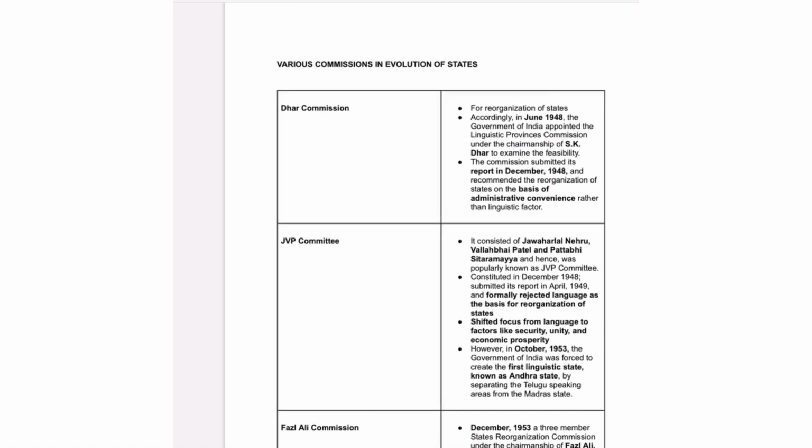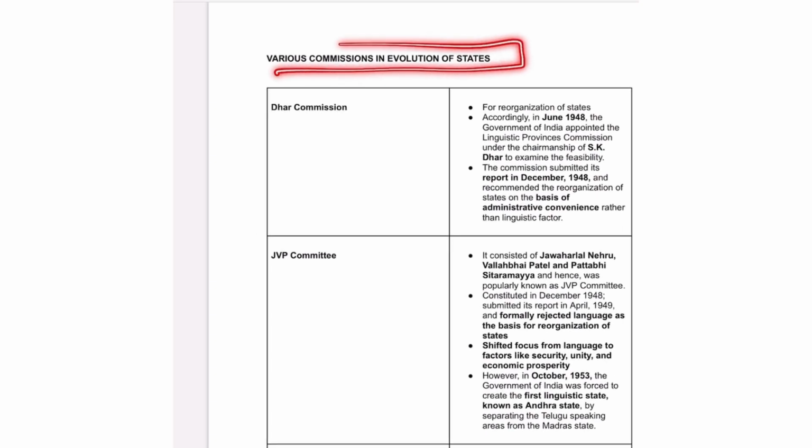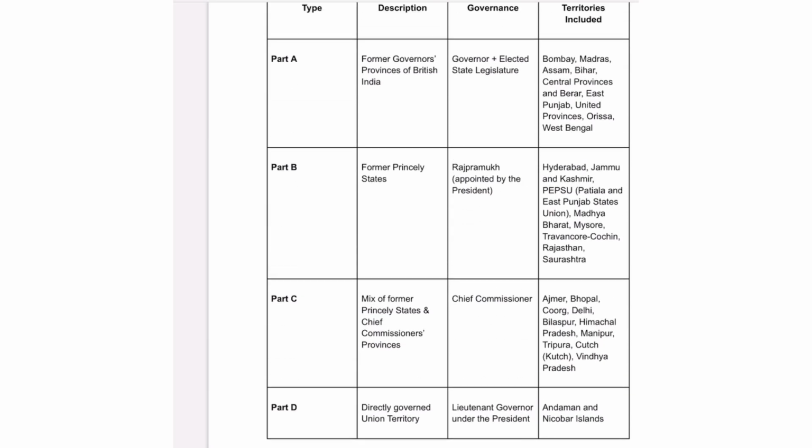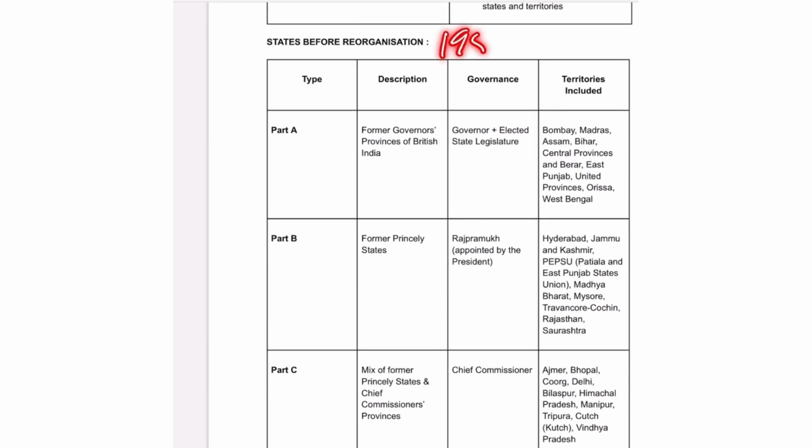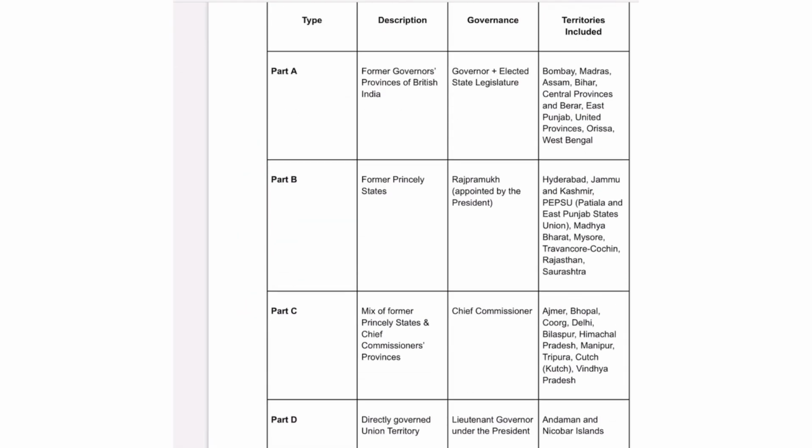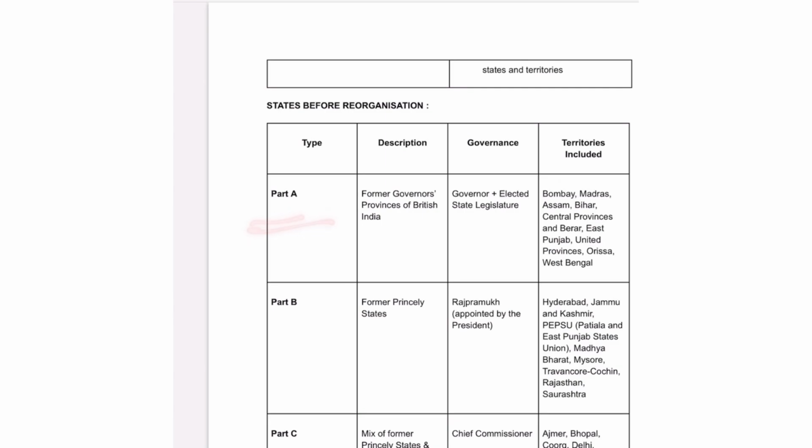Now we saw various commissions in the evolution of states, because first the states looked like this, which is in 1951. We had Part A, Part B, Part C and Part D. Part A was for the former governors provinces of British India.